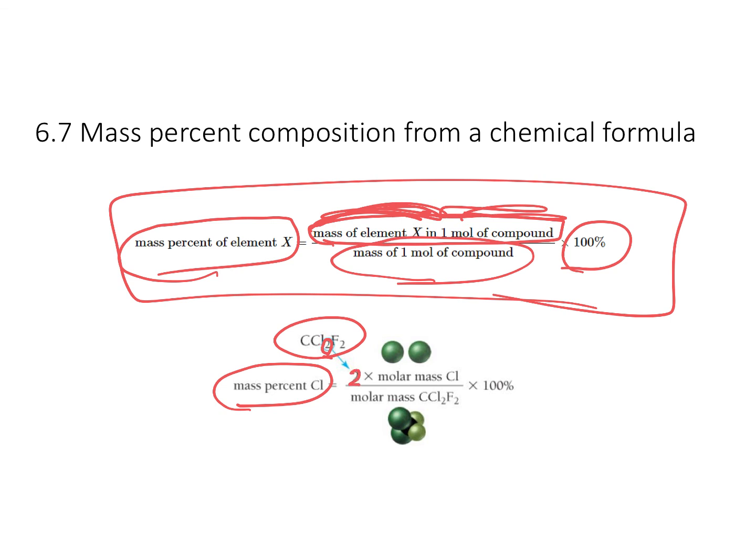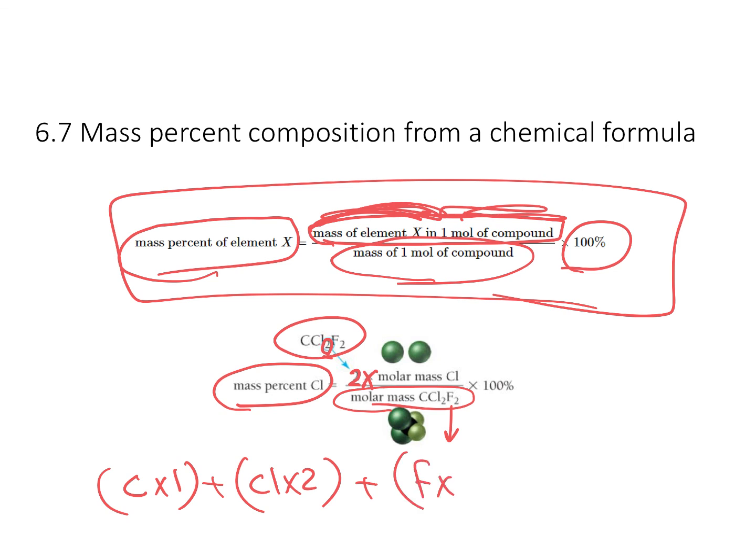So you multiply 2 by the molar mass of Cl and divide that by the molar mass of CCl2F2. I hope you know by now how to calculate the molar mass of a compound. You say C multiplied by 1 plus Cl multiplied by 2 plus F multiplied by 2. Then you go to the periodic table, read the number below the atomic symbol, find the molar mass of this compound, and multiply that by 100%.